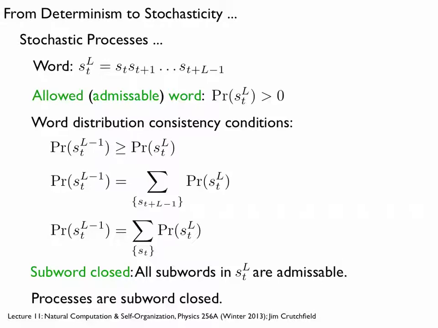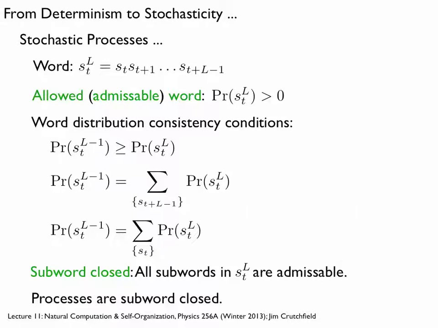Now these distributions that we can put on top of words have certain consistency requirements. Namely that the longer a word, typically the probability goes down. The probability of flipping 2 heads in a row for a fair coin is 1/4. What's the probability of seeing 3 heads in a row? That's 1/8. Right, so probabilities go down.